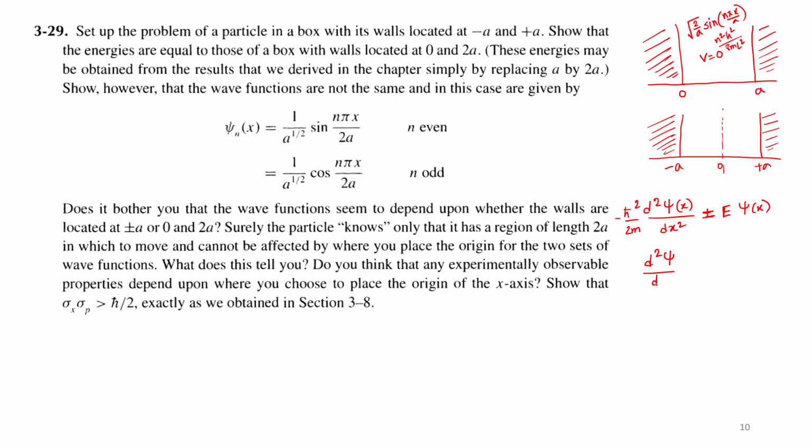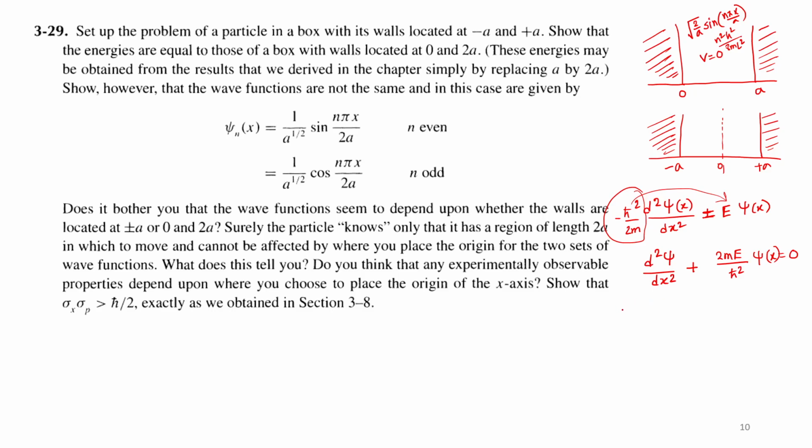I will make it fancier: if we multiply both sides and take this to that side, it will be 2mE by ħ² ψ(x), and then we are taking it to the right hand side, so it will become plus, and it will be 0.